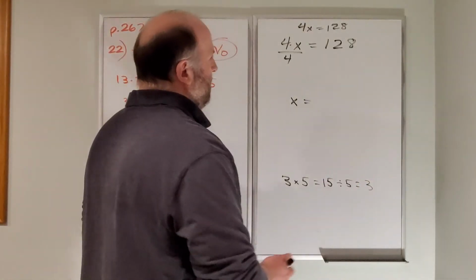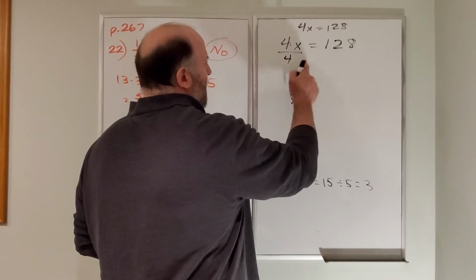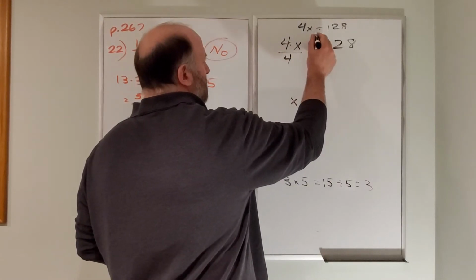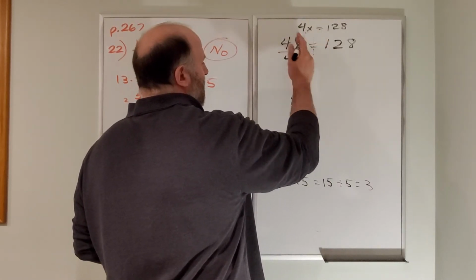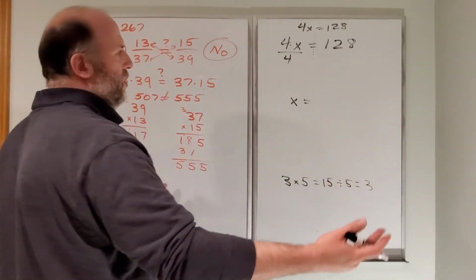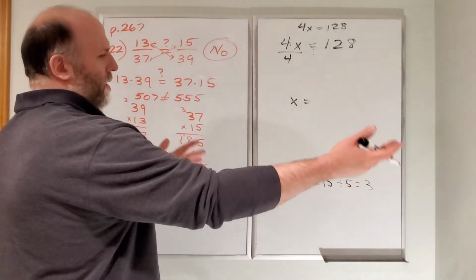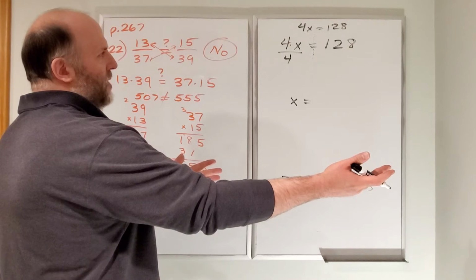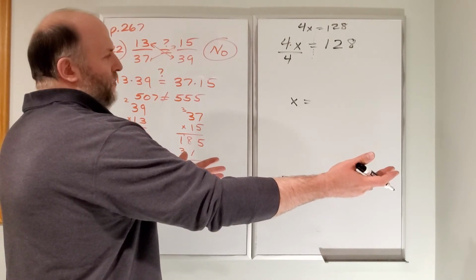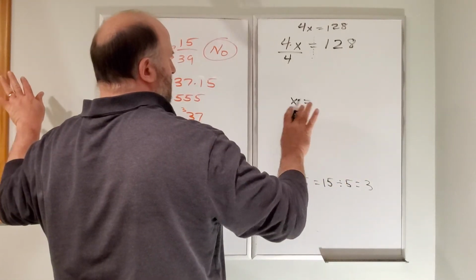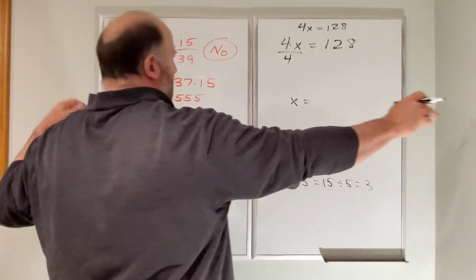Well, the equality bit is that whatever you do to one side of your equation, so when you have an equal sign relating two things, you have an equation. You have a statement of equality between two different quantities. Okay, so you've got a left side to the equation and a right side to the equation.